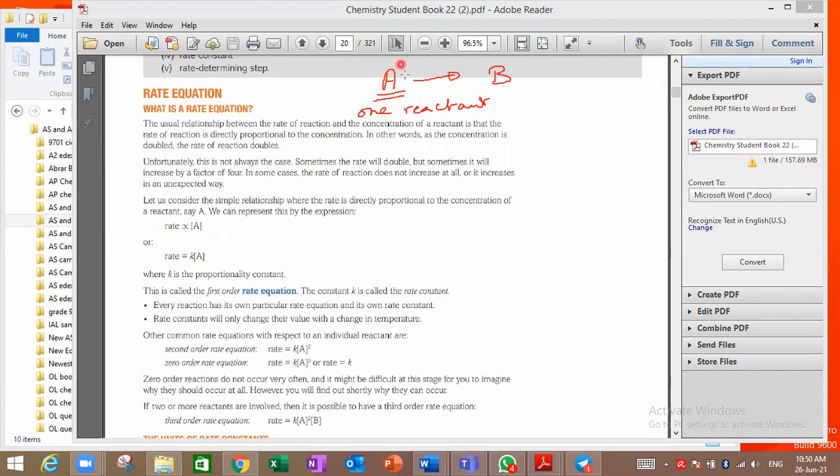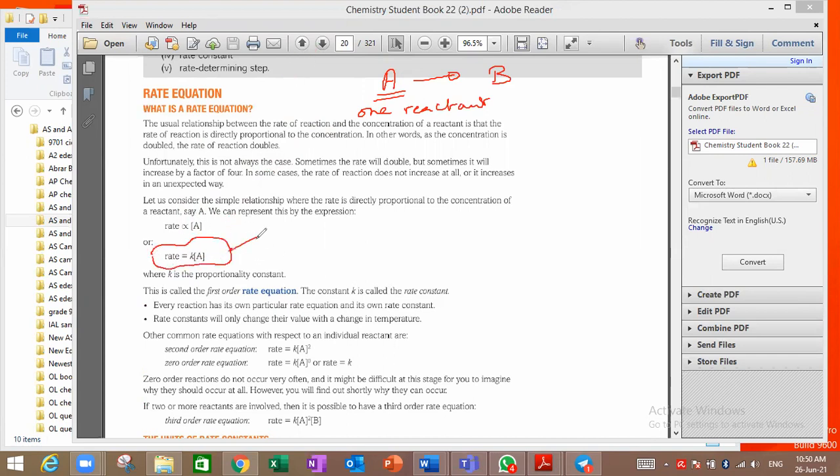If the concentration of A doubles, the rate doubles. If the concentration of A is 3 times, the rate also becomes 3 times. So there is a direct relationship between the rate of the reaction and the concentration of A, and we say that rate equals K times A.